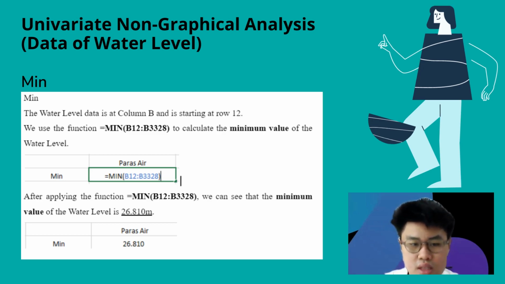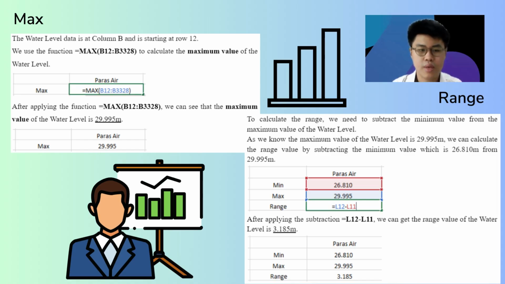We use the function equals mean in bracket B12 to B3328 to calculate the minimum value of the water level. After applying the function, we can see that the minimum value of the water level is 26.810 meter.